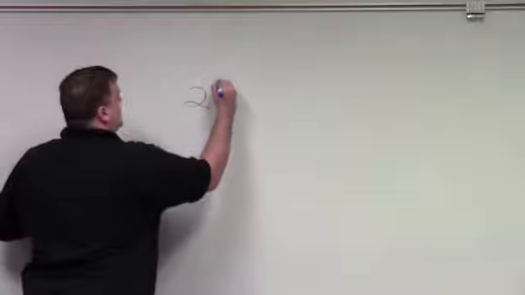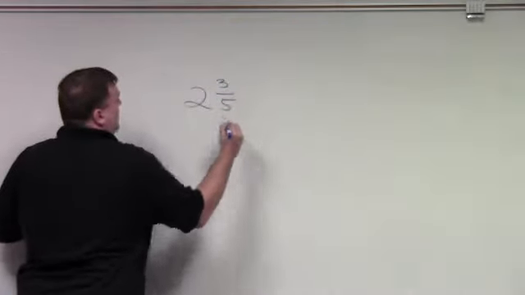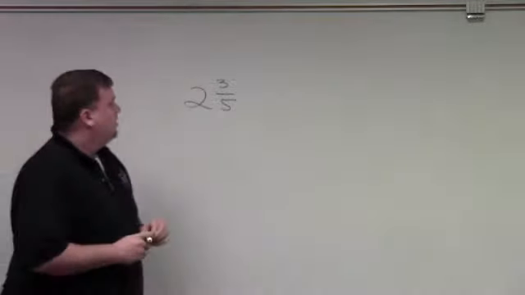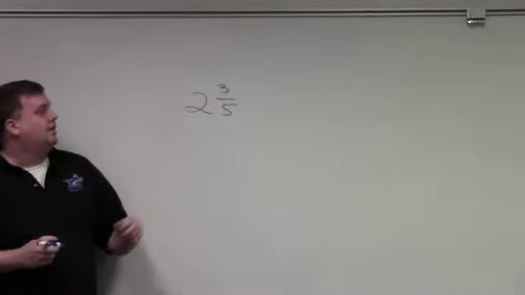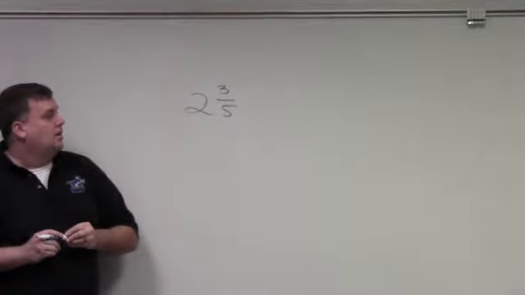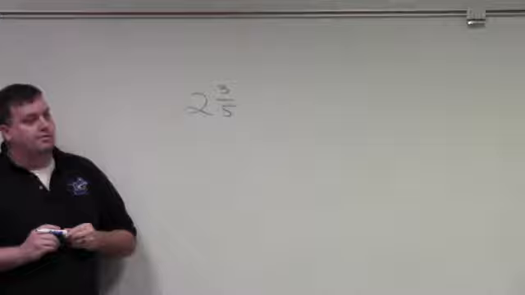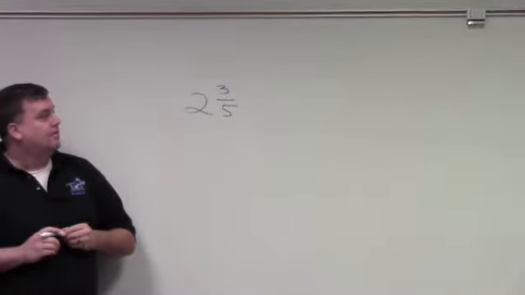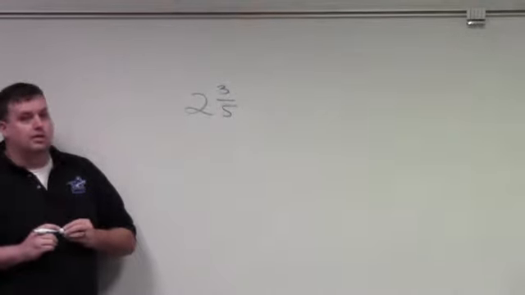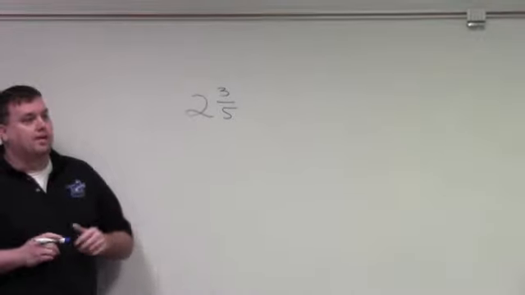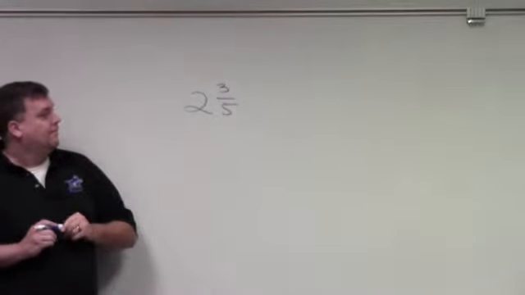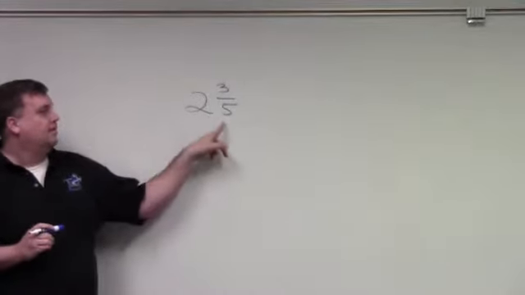The next section, 2 and 3/5. So we want to take this mixed number and convert it into an improper fraction. We need to know how to do that to do multiplication and division with mixed numbers, so it's a good skill to have. So how do we go about doing something like that? How do we change that into an improper fraction? You multiply 2 times 5, right?